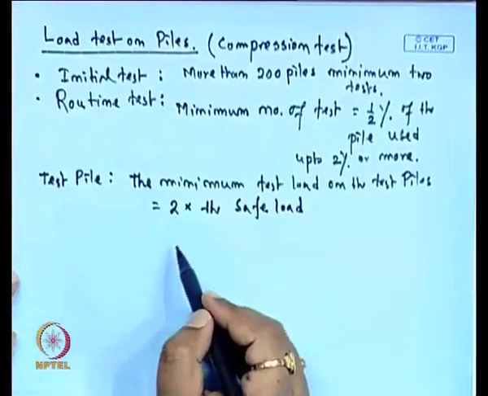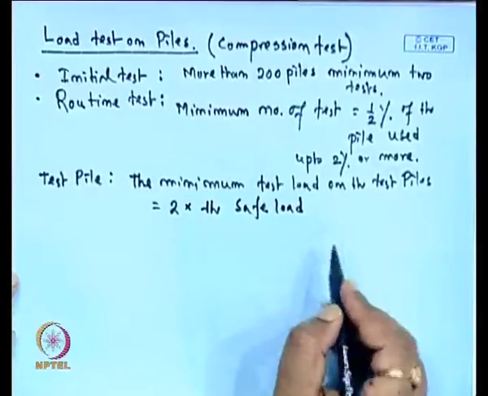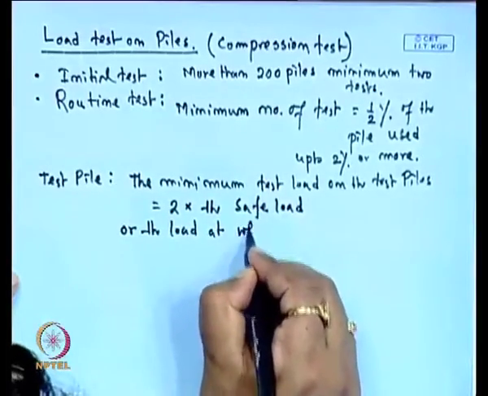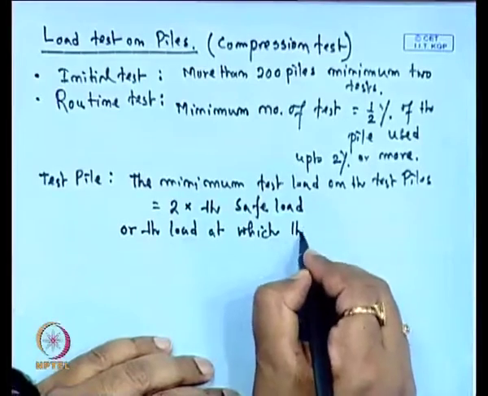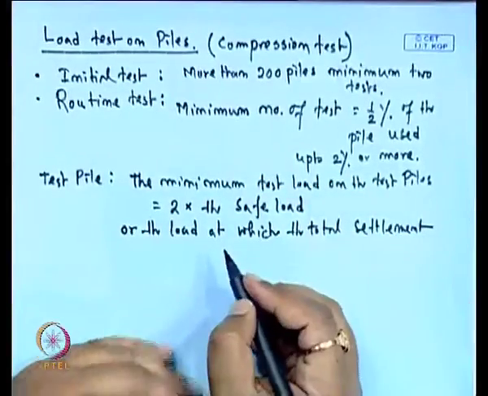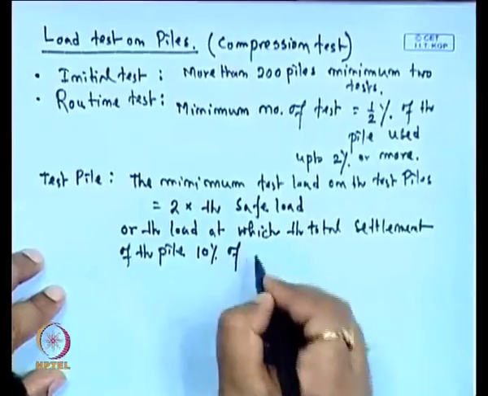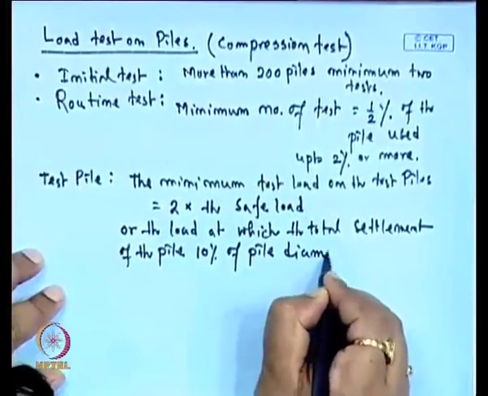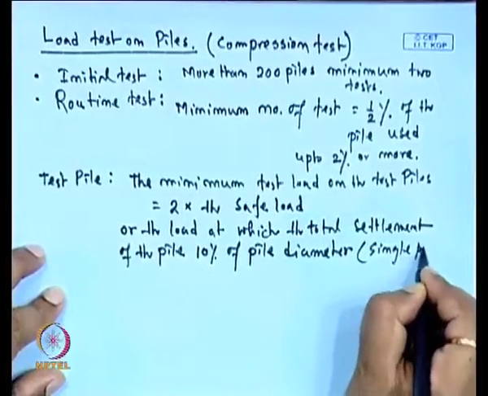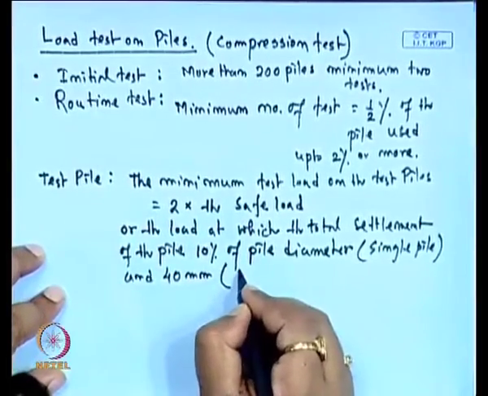So, the load test value is generally 2 times the safe load, or the load at which the total settlement of the pile is 10% of the pile diameter in case of a single pile, and 40 millimeter in case of a group pile.